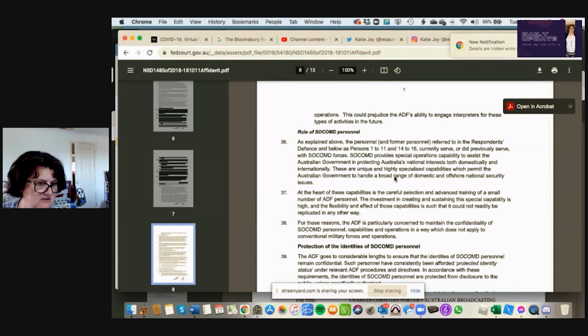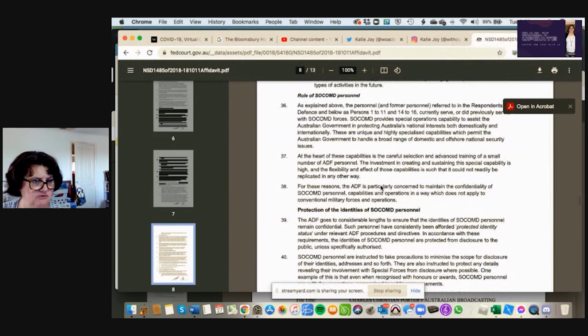These are unique and highly specialised capabilities which permit the Australian government to handle a broad range of domestic and offshore security issues. At the heart of these capabilities is the careful selection and advanced training of a small number of ADF personnel. The investment in creating and sustaining the special capability is high, and the flexibility and the effect of those capabilities is such it could not be replicated in any other way.